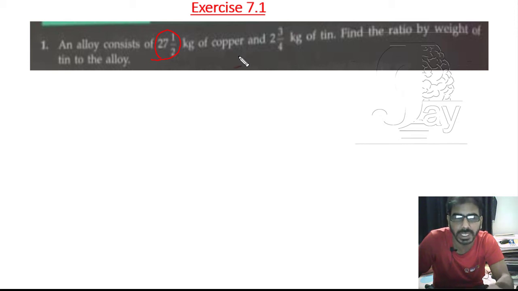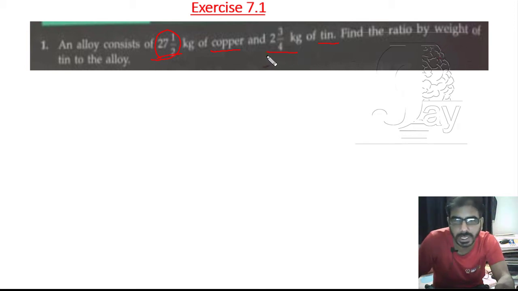This alloy consists of copper and tin. The copper part is 27.5 kg and the tin part is 2 3 by 4 kg. You have to find the ratio by weight of tin to the alloy.